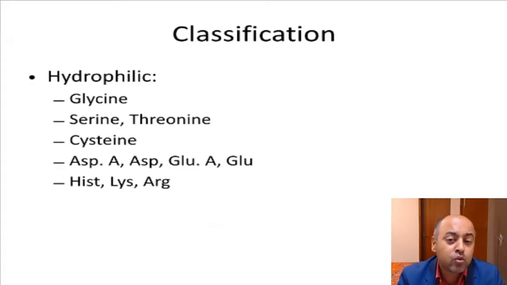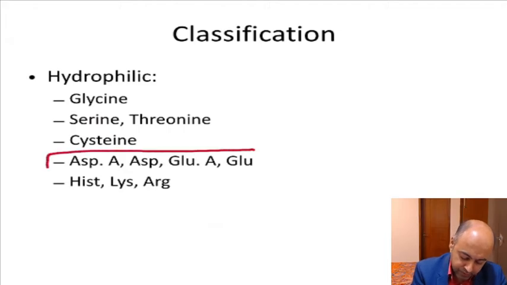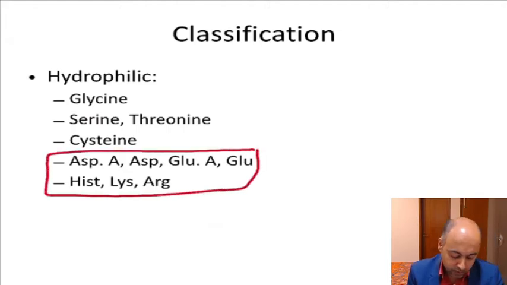So please make note of these amino acids which are hydrophilic in nature: glycine, serine and threonine, cysteine, aspartic acid, asparagine, glutamic acid, glutamine, histidine, lysine, and arginine. In addition to this, the following amino acids would also be charged.